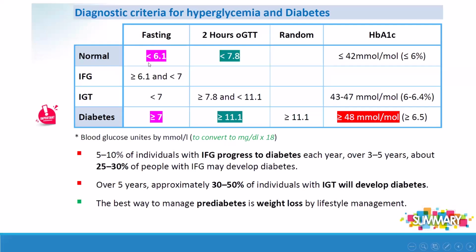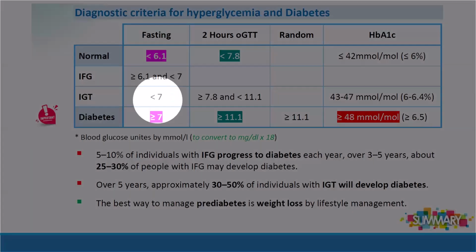According to NICE, normal fasting is less than 6.1 millimole per liter, normal 2-hour post-oral glucose tolerance test is less than 7.8, and normal hemoglobin A1C is less than 42 millimole per mole.